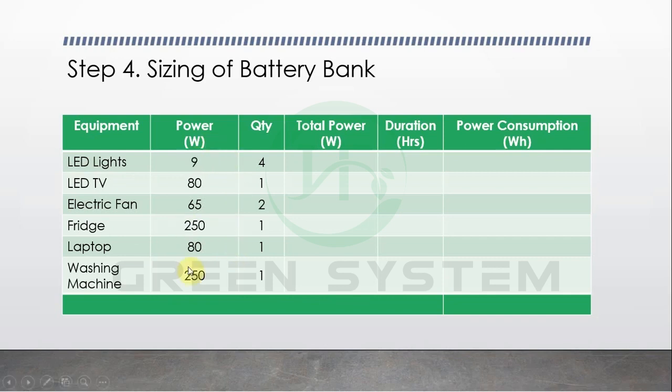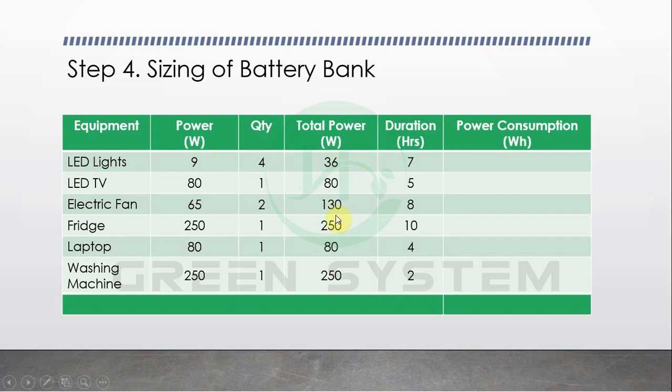Next, we multiply this unit power by the quantity to get the total power for each type of equipment. So for example, for the LED lights, 9 watts each light times 4 quantities, we have 36 watts for the LED lights, and so on and so forth.